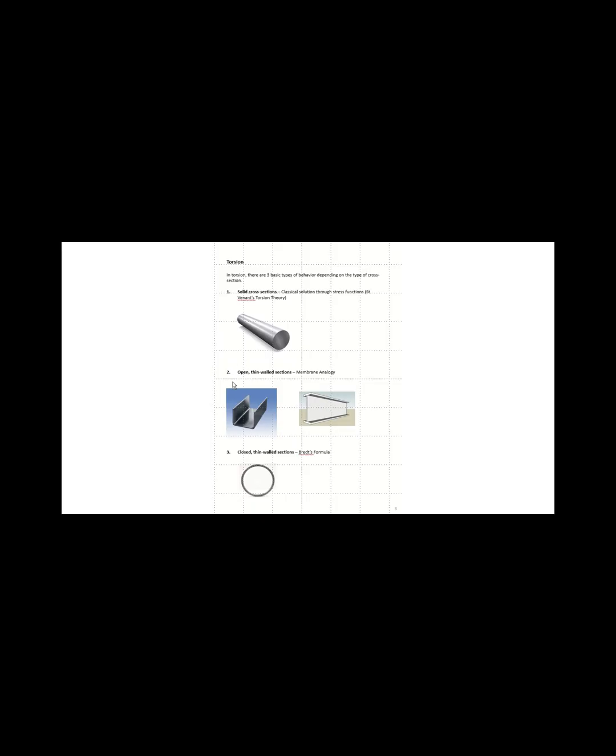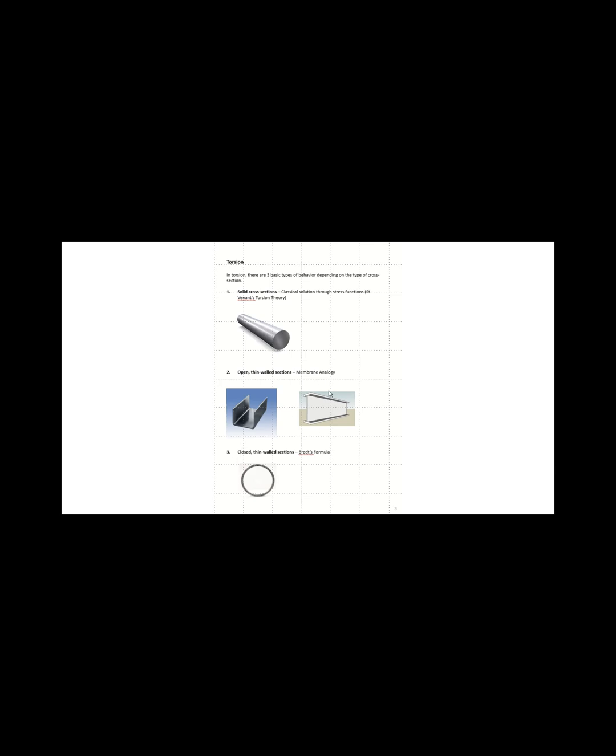The other class, or one of the other classes, is what we call open thin-walled sections. And you can see that these are sections that are made out of thin-walled material, and they're not closed. The closed sections for thin walls are the third category, and you can see here that this circular tube would be a closed section.